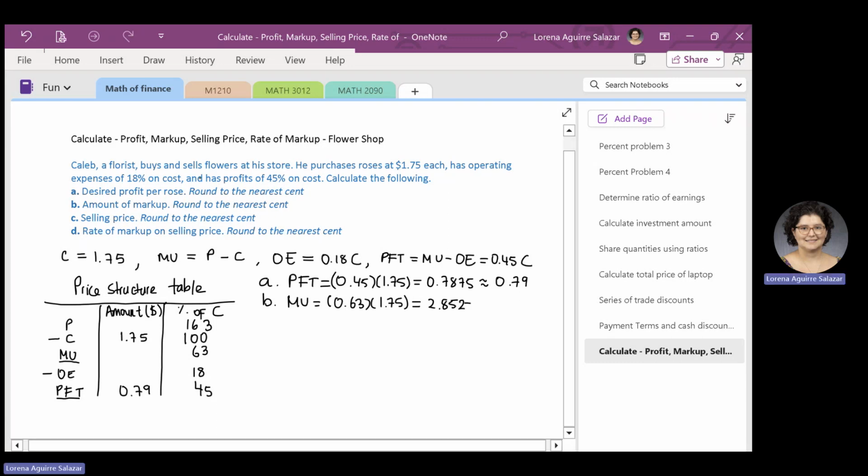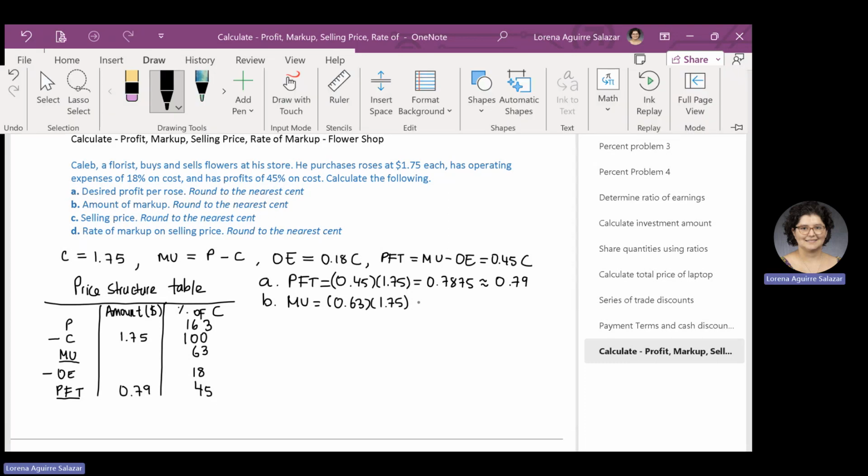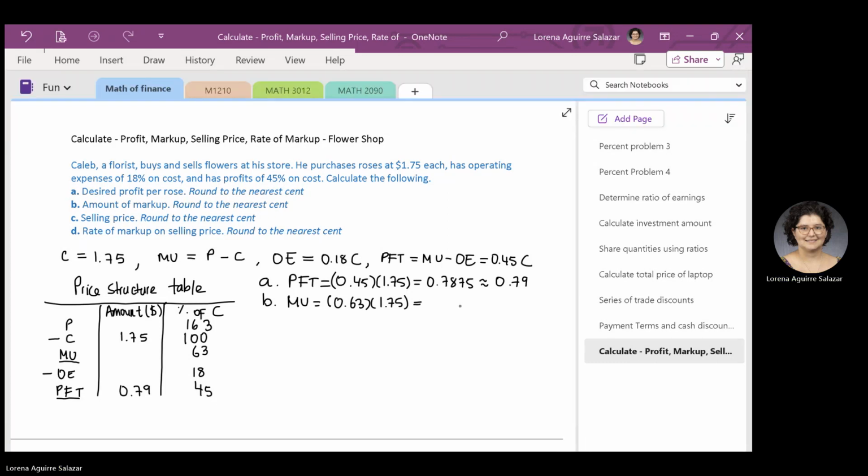The number we get is a lot smaller than that. We get the value 1.1025. That's approximately equal to 1.1. So the amount of markup is approximately equal to 1.1. Here we can write 1.1. And there we have the amount of markup.